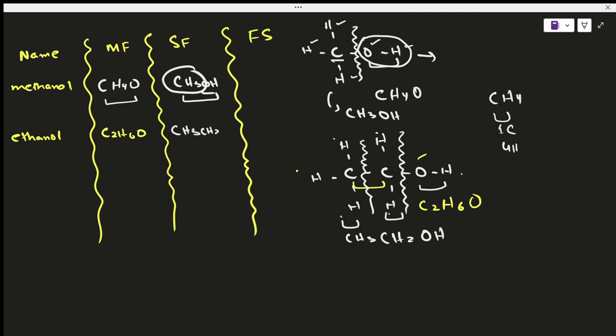Okay, basically what we are doing, we are basically just writing this in a structural format, right? The same way we did in alkenes as well. Remember, we were drawing the double bonds as well in the structural formula. So that's why it matters. Right. So let's take the third molecule, which was propanol.